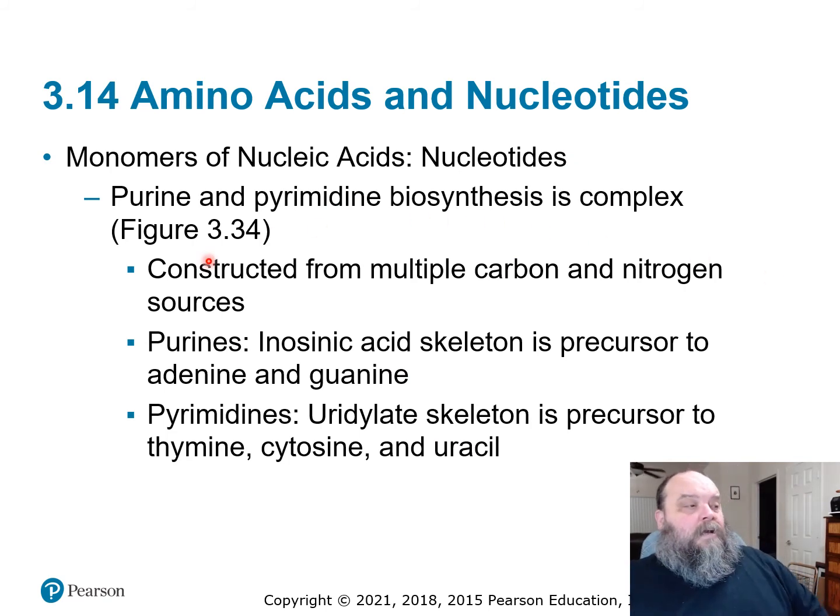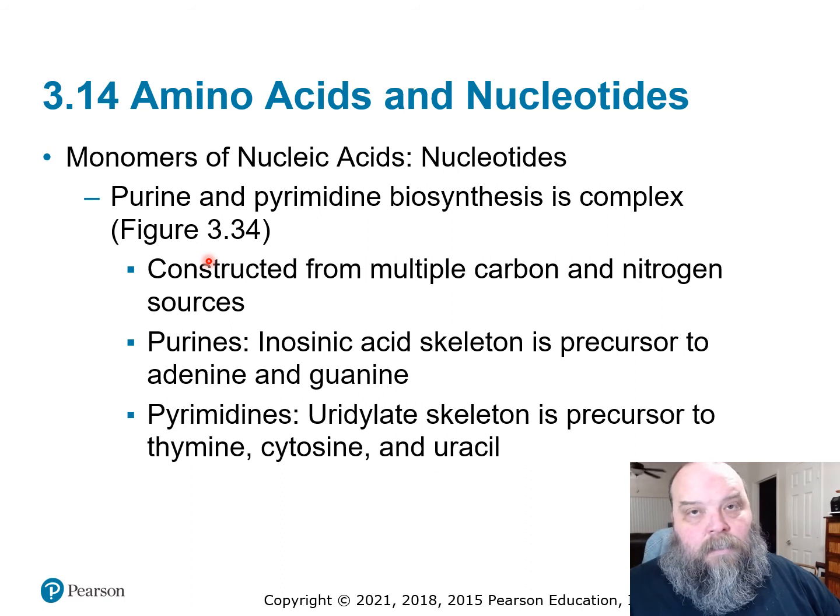The making of our purine and pyrimidine nitrogenous rings is a very complex process. And no, we're not going to go into all the different steps because this isn't cell biology. This isn't biochemistry. Carbon and nitrogen sources are going to be cut and pasted together to form these rings.